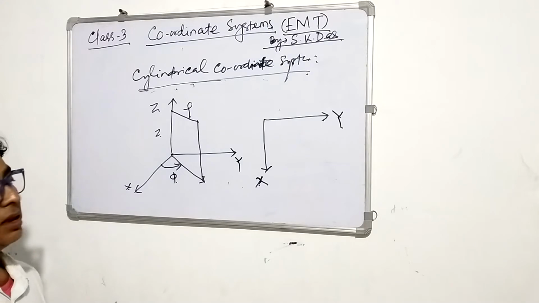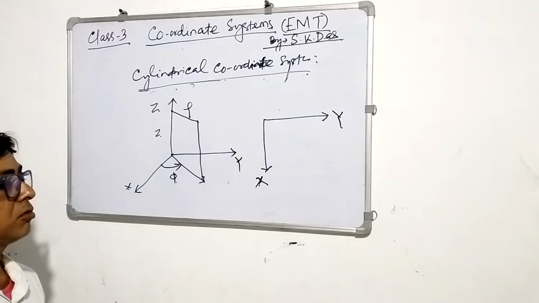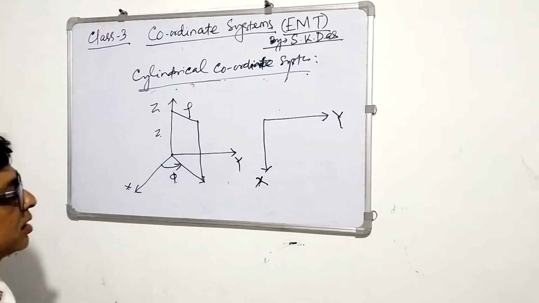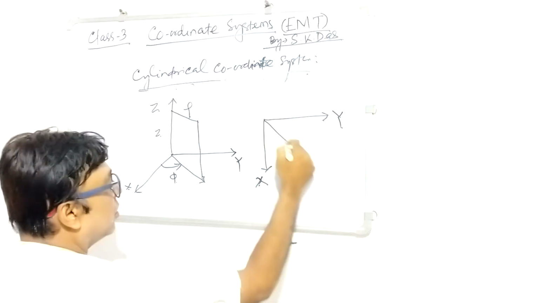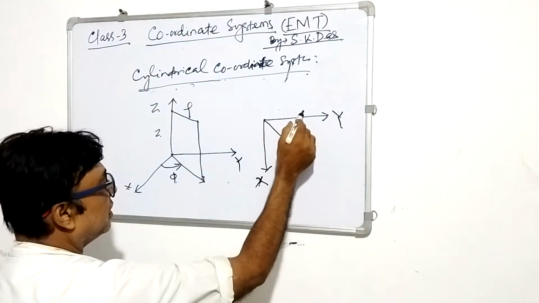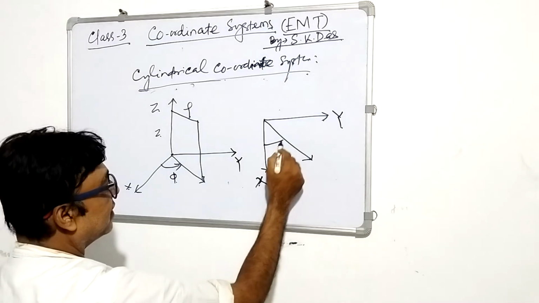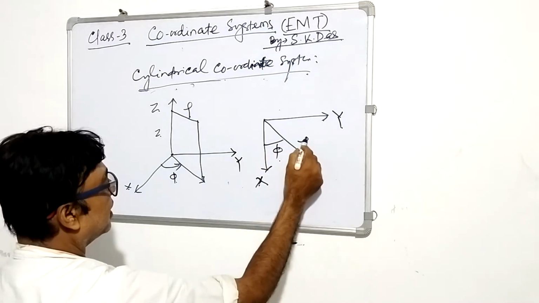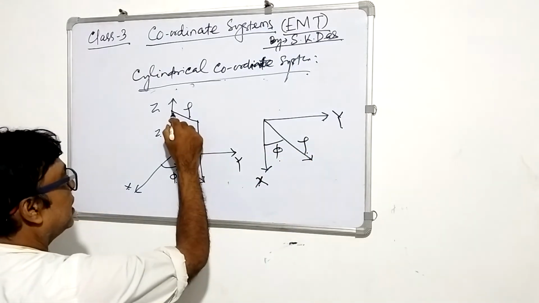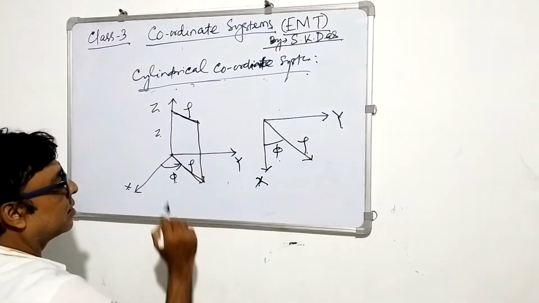Suppose the variables are given in the cylindrical coordinate system. How to transform that into the Cartesian coordinate system? The angle between the x and y axes is 90 degrees. This angle is phi, and this one is rho, the radius.